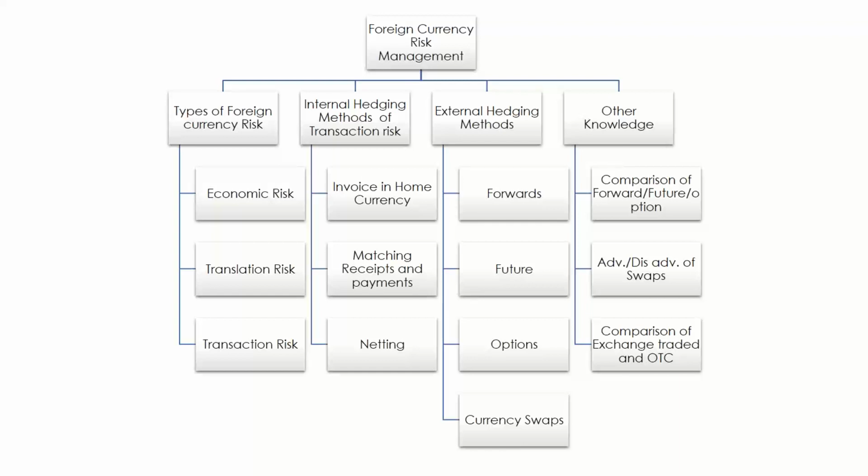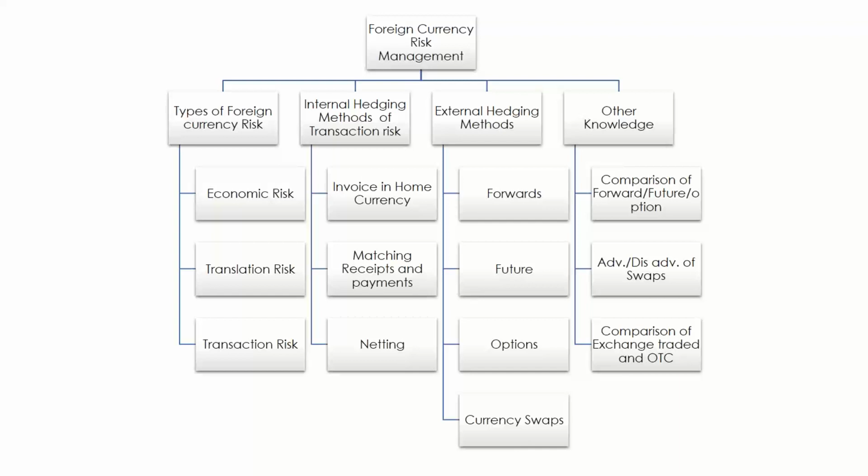In one of the past paper questions, examiner has tested all of these three types of risk. If I correctly recall, the question name was Lignum Company, and examiner tested the economic risk, translation risk, and the transaction risk.